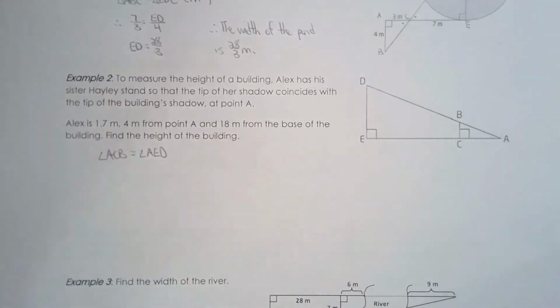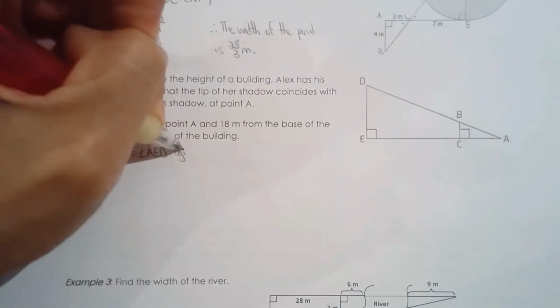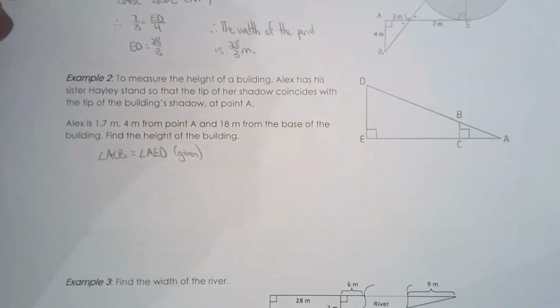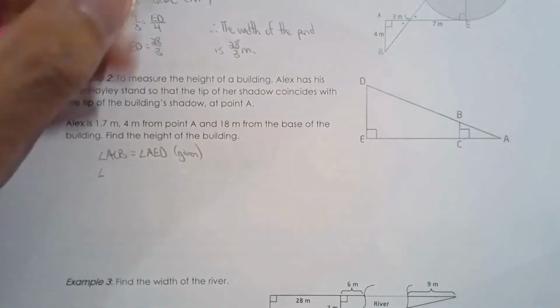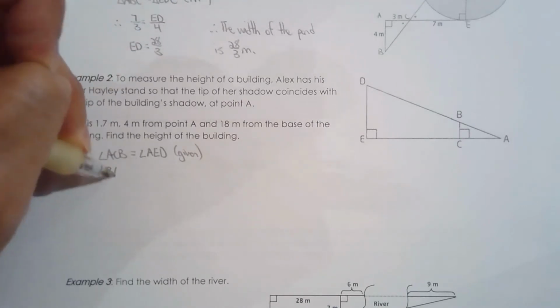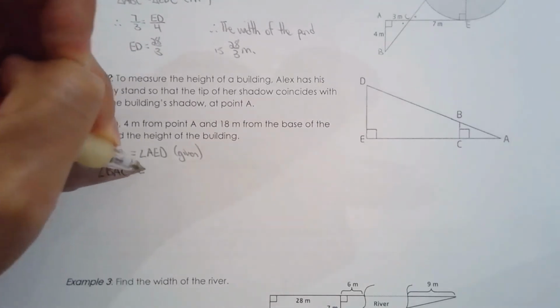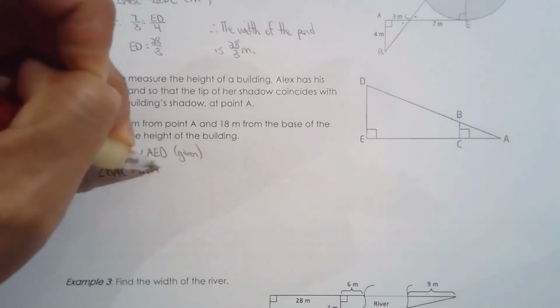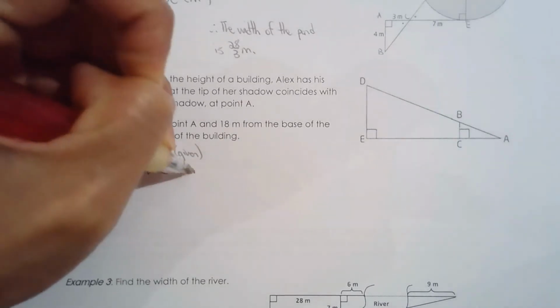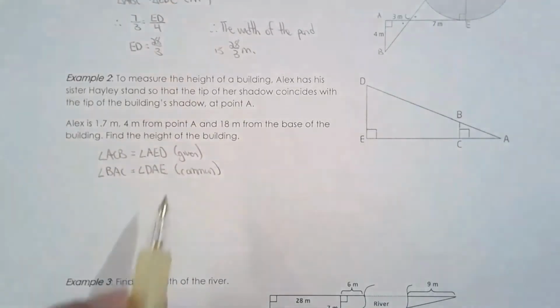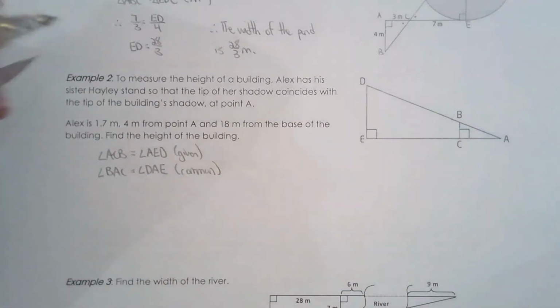Now, how do I know that? Well, it was given to me. They're both right angles. And now I'm going to write angle BAC is congruent to angle DAE, and that angle is common. It's shared between the two triangles, so they must be the same. Okay, so guess what?